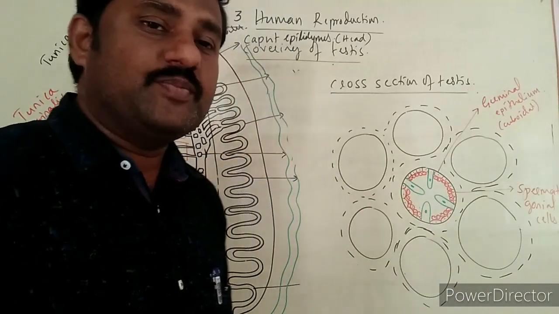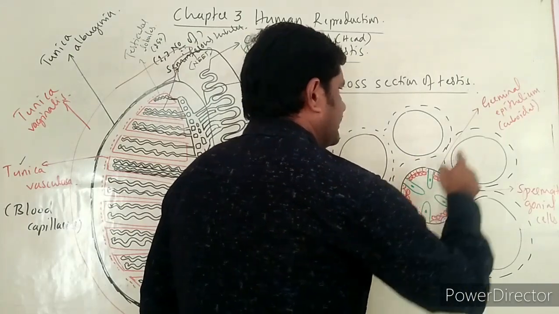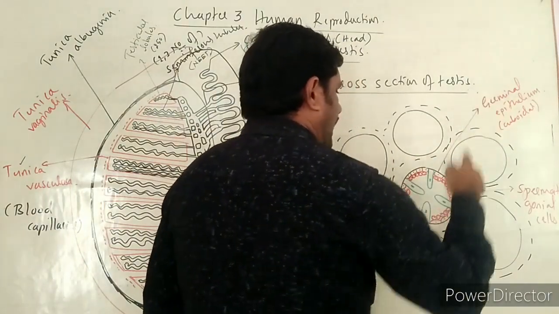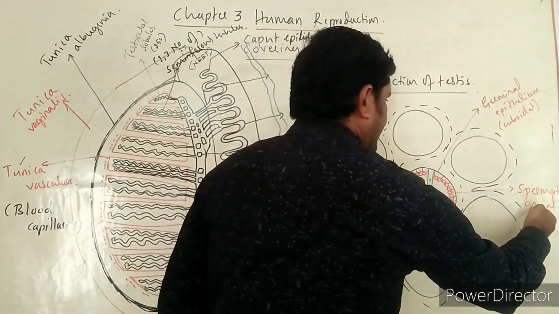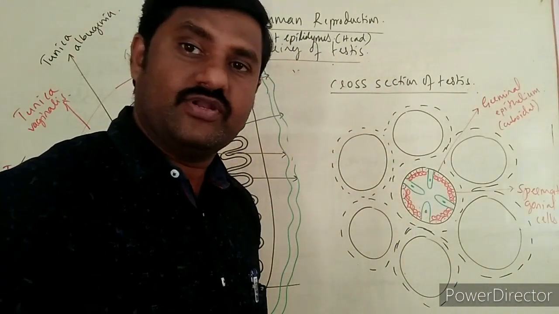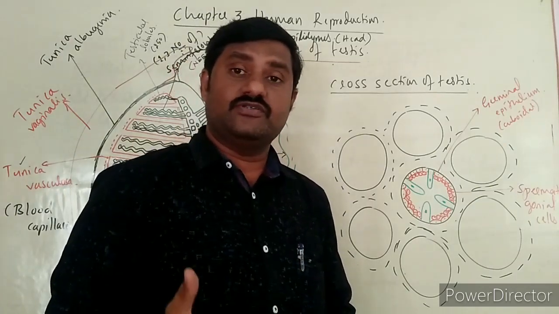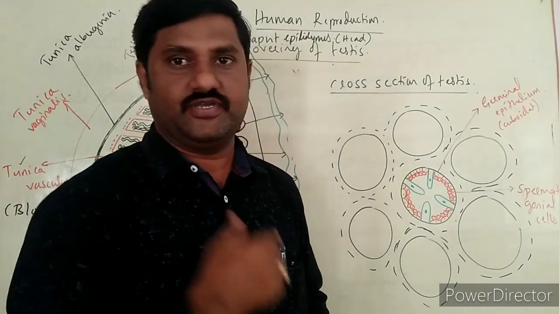Now we came to know that each seminiferous tubule is lined with germinal epithelium, and along with that spermatogonial cells are also there, and these cells are also named sperm mother cells. Why? Because they are going to form the sperms in future.